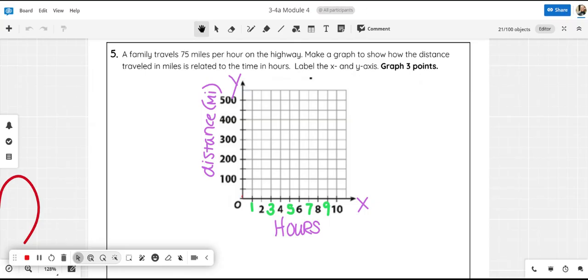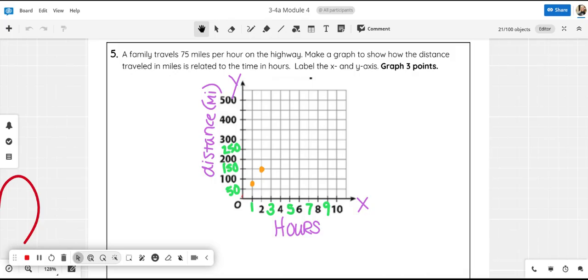So think about these increments right here. So this would be 50, 150, 250. So 75 would be in between 50 and 100. So I'm going to put my point there. Then 2, think about 2 times 75 would be 150.